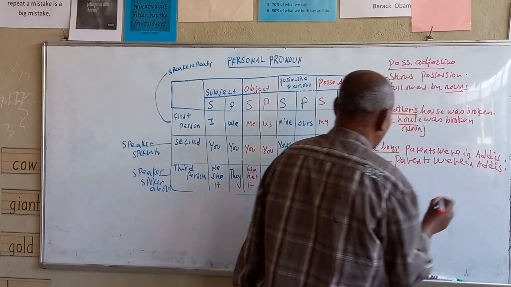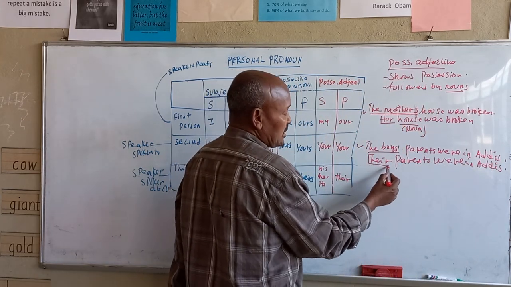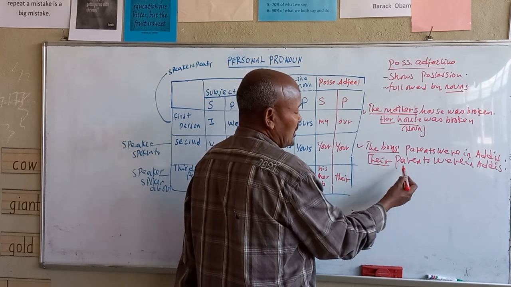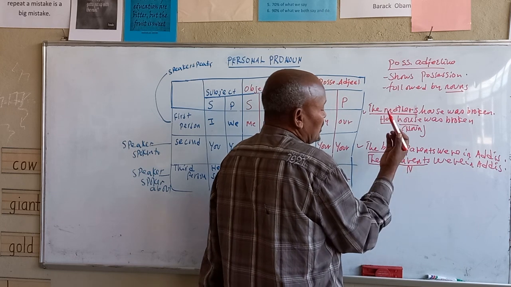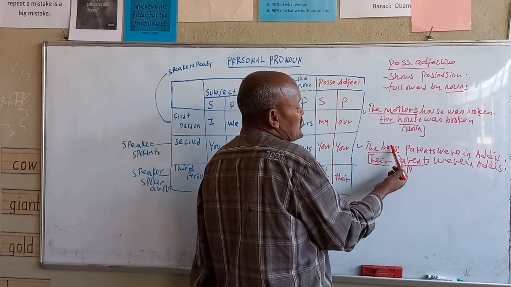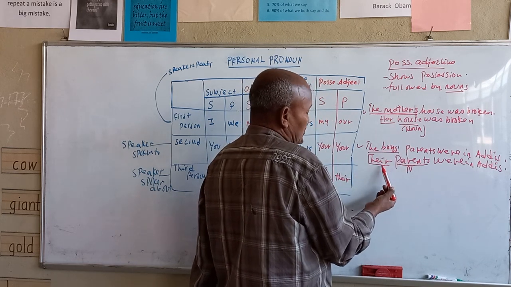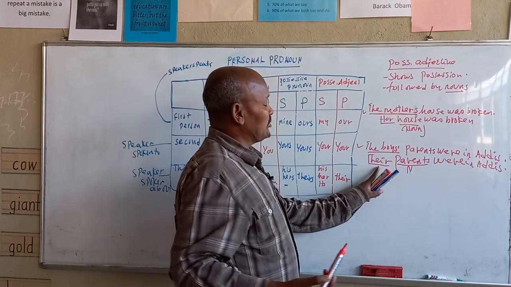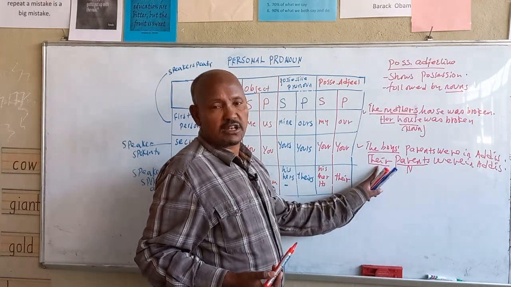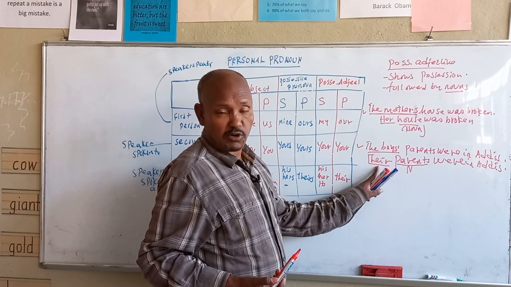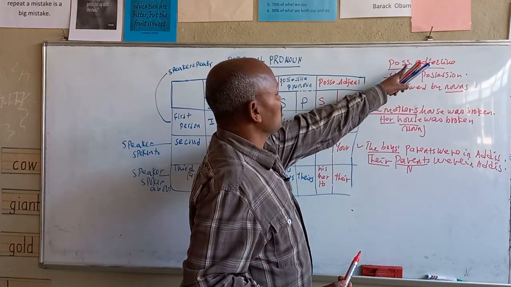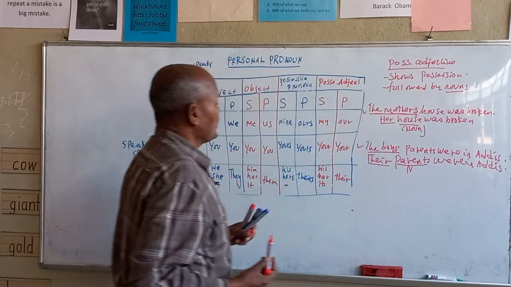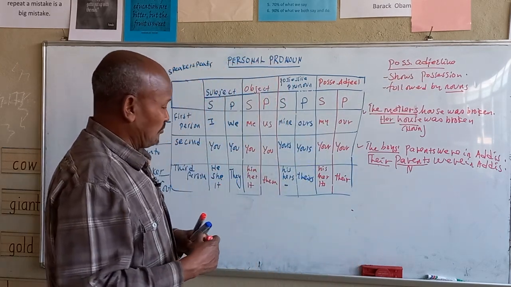Their parents were in Addis. Look, this here is a possessive adjective, and this one is a noun, so it is followed by a noun. The meaning is the same as in the first sentence. So this kind of possessive adjective is the third-person plural possessive adjective. Look at the different uses of the possessive adjective compared with the possessive pronoun.